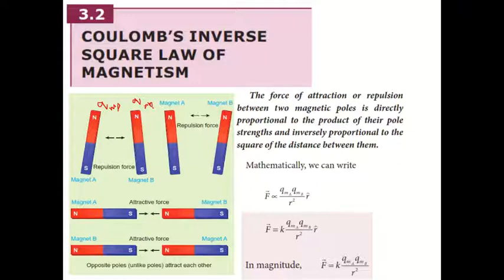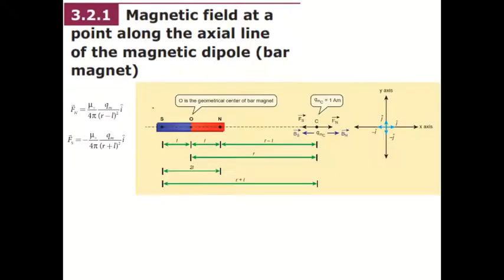To remove this proportionality, they are using the proportionality constant K. Here they have given a very small derivation: magnetic field at a point along the axial line of the magnetic pole.